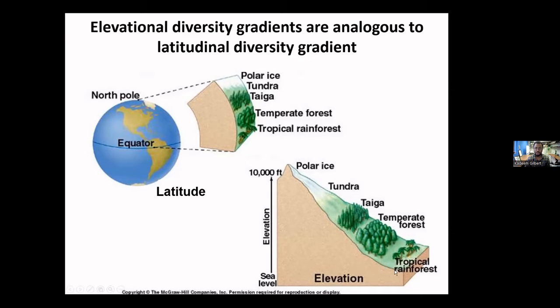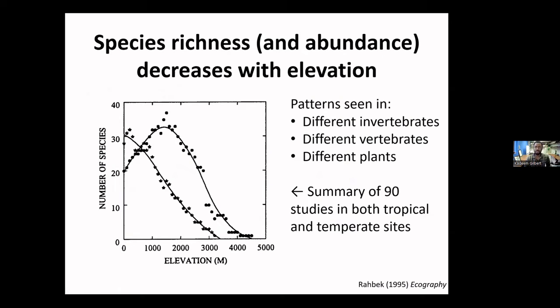And this has been a popular area of study, just as the latitudinal gradient has been for ecologists for centuries, basically, where we're seeing over and over again, whether you're looking at invertebrates or vertebrates or plants, diversity is going down as you go up in elevation. There may or may not be a mid-elevational hump, but we're talking about this general trend of decreasing.